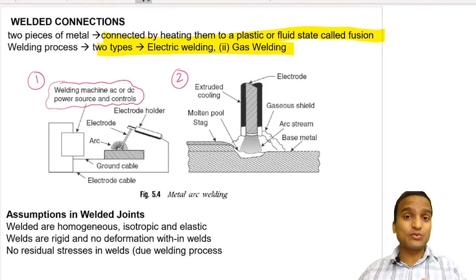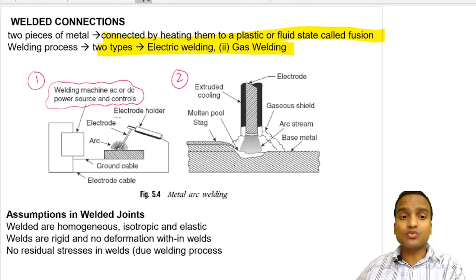If you see a person who is doing welding, he must be carrying a machine with his hand also, isn't it? With that machine there are a few cables coming out, and those cables are connected with a holder. That holder is in the other hand of the person, and that is the electrode holder.